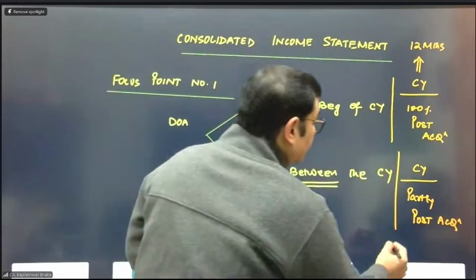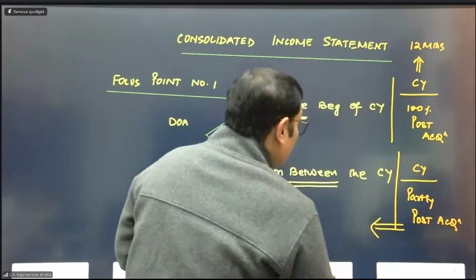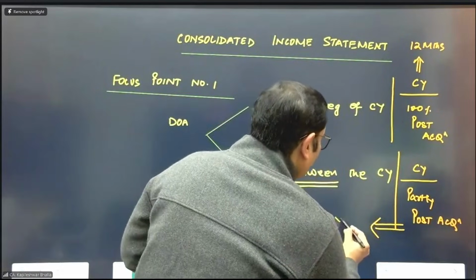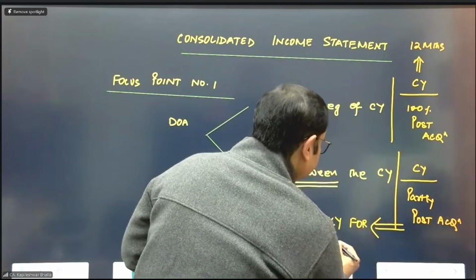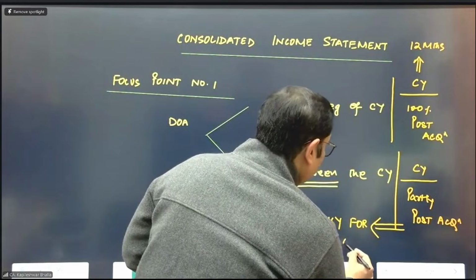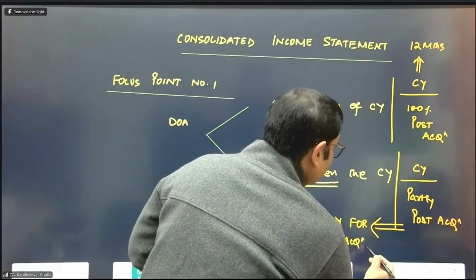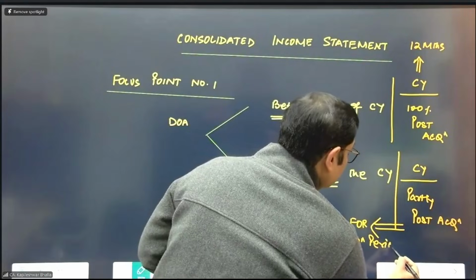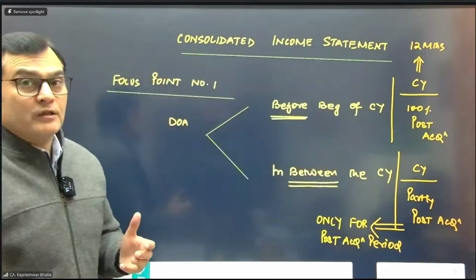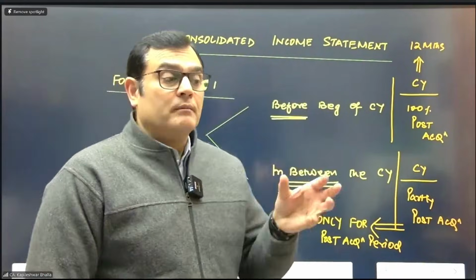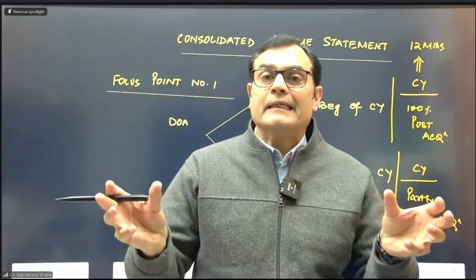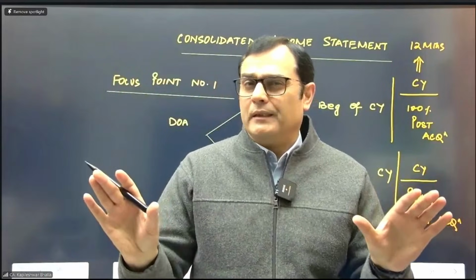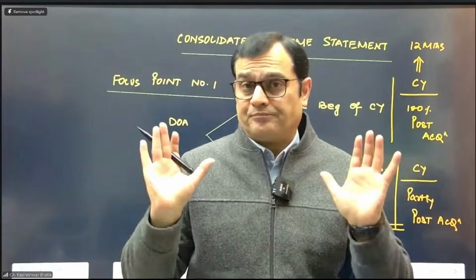So in this particular case, the consolidation will be only for the post-acquisition period. So if it's in the middle of the year, then I would consider middle of the year till the year end. I hope I stand very clear on my focus one.